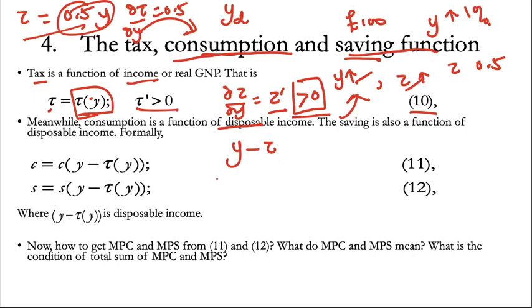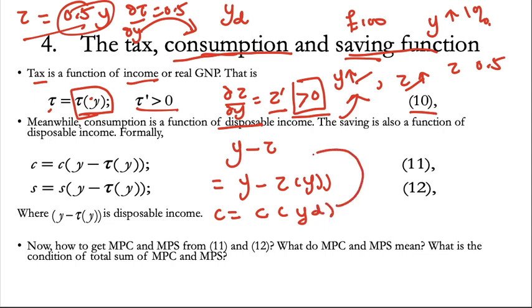So if we want to specify it further, y minus tau can be written as a function of y. And we know that only this disposable income can be utilized for either consumption or saving. Before we pay tax, we cannot consume. We need to pay tax first, then only we can have disposable income to be consumed or saved or whatever you want to do with it. So consumption is a function of disposable income.